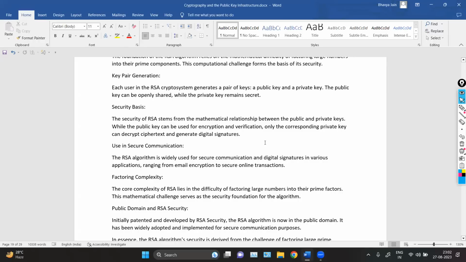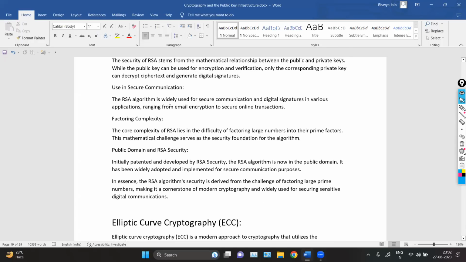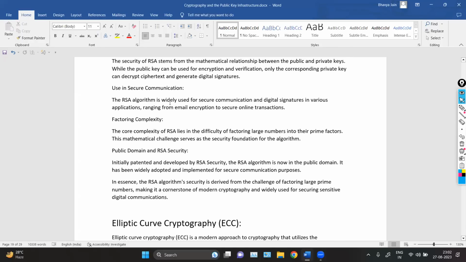The public key can be used for encryption and verification, and only the corresponding private key can decrypt ciphertext and generate digital signatures. That is the security basis of RSA. We can use it in secure communication and digital signatures, in various applications such as emails and banking transactions.